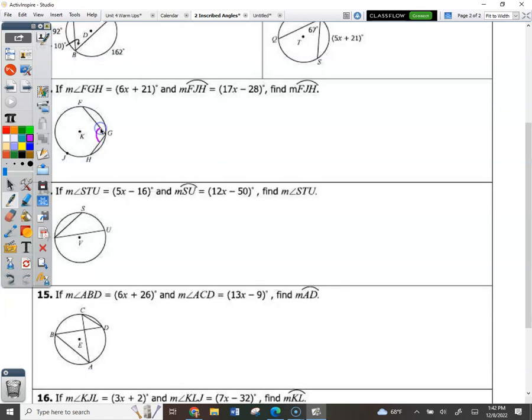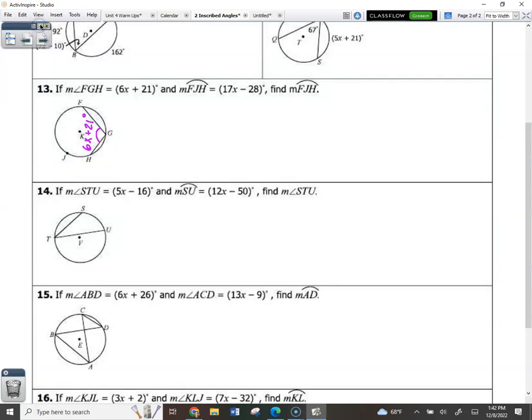From here to here is 6x plus 21 degrees. Arc F to J to H is 17x minus 28. Find x first, then find the measure of the arc.